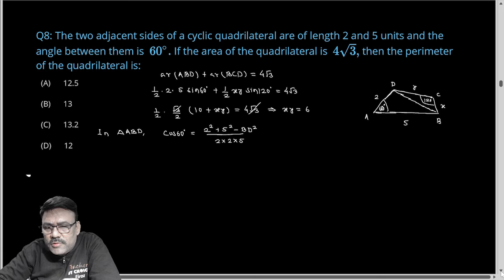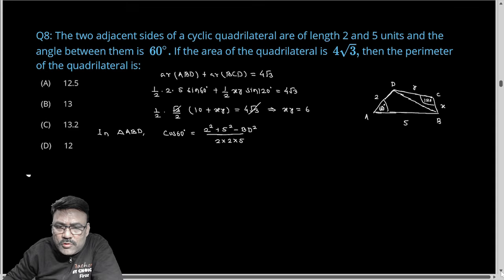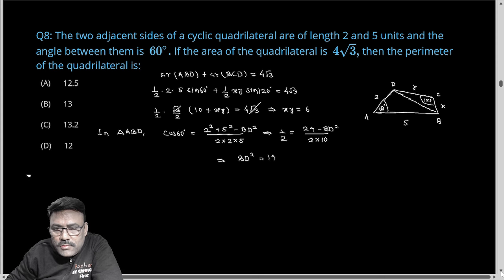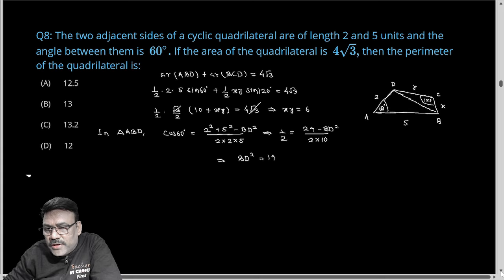Cos 60 is half. It is 29 minus BD square over 2 into 10. So this gives you BD square is equal to 19. So I know BD square is now 19.